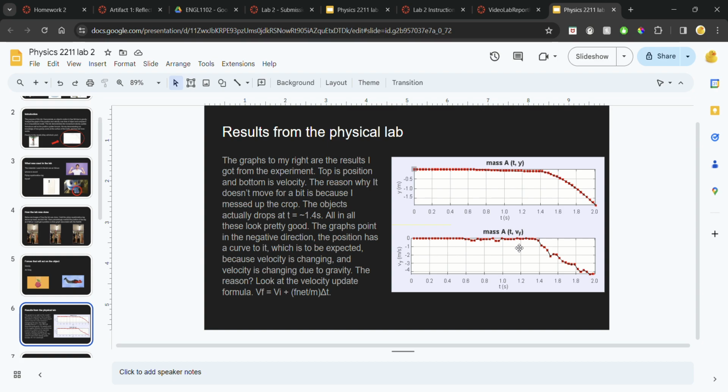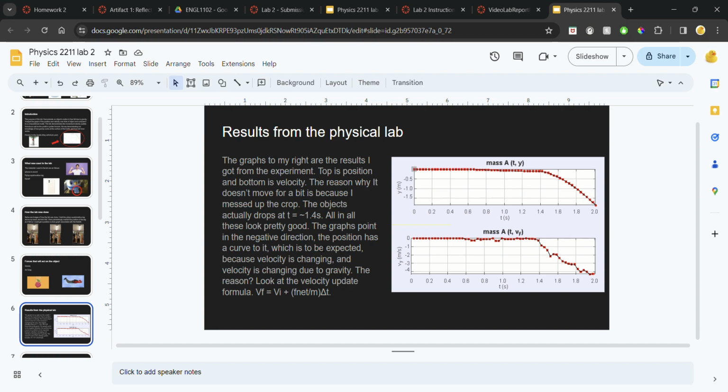The reason why velocity is straight is because gravity is going to be 9.8 the whole time. So velocity, according to the velocity update formula, is going to update by that every change in time. It's going to be plus 9.8, plus 9.8, plus 9.8, which means it's a straight line.